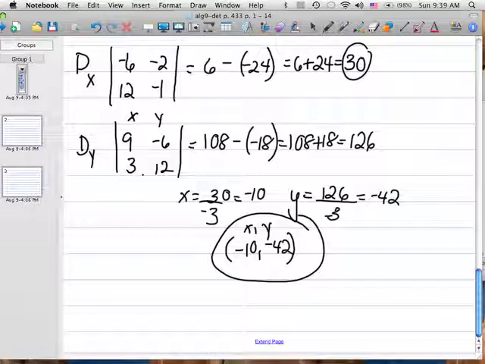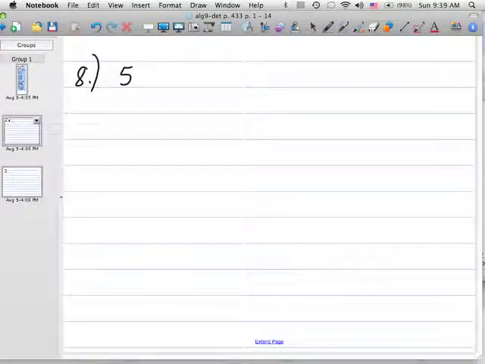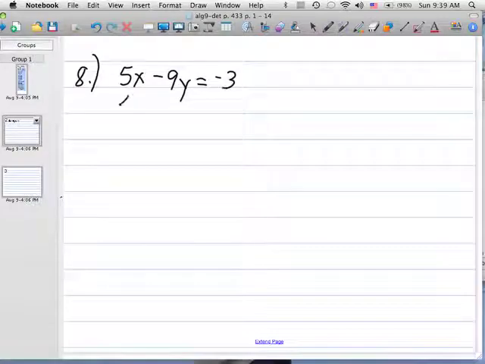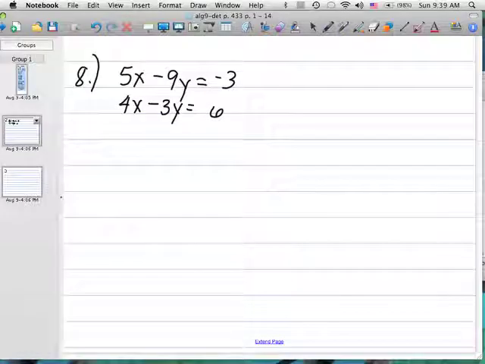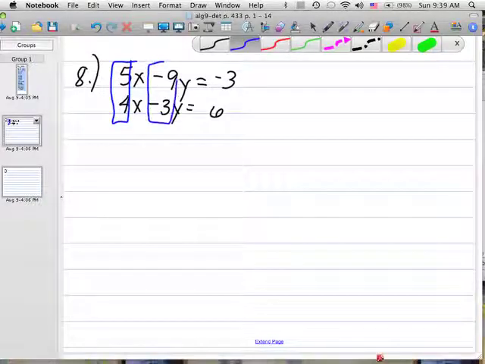Problem number 8, we have 5x minus 9y equals negative 3, and 4x minus 3y equals 6. This is in standard form. So the x coefficients are 5 and 4. The y coefficients are negative 9, negative 3, and the constants are negative 3 and 6.